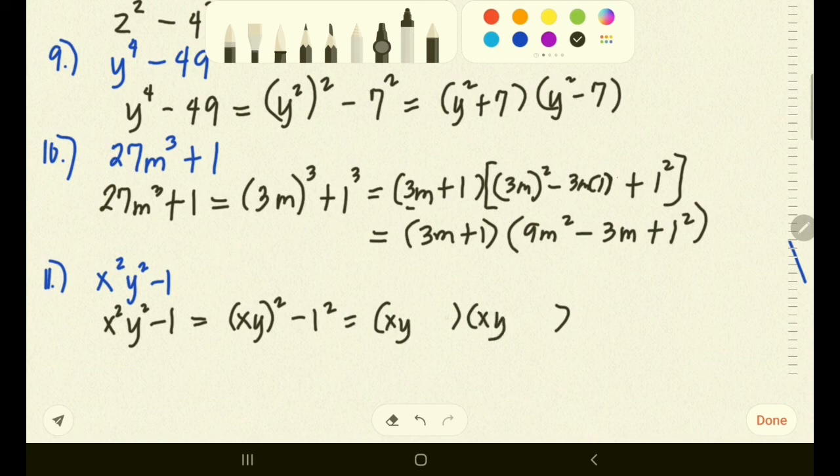Another one here, xy plus, and then you get the base of 1 squared is 1. The other, by the way, is minus 1. So they are the factors for x squared y squared minus 1.